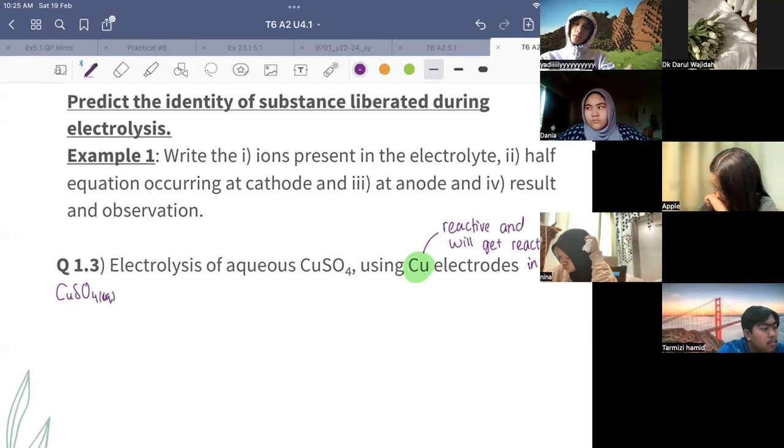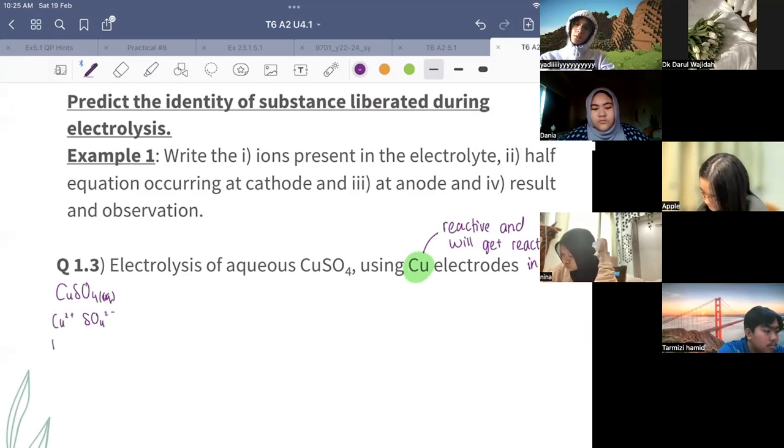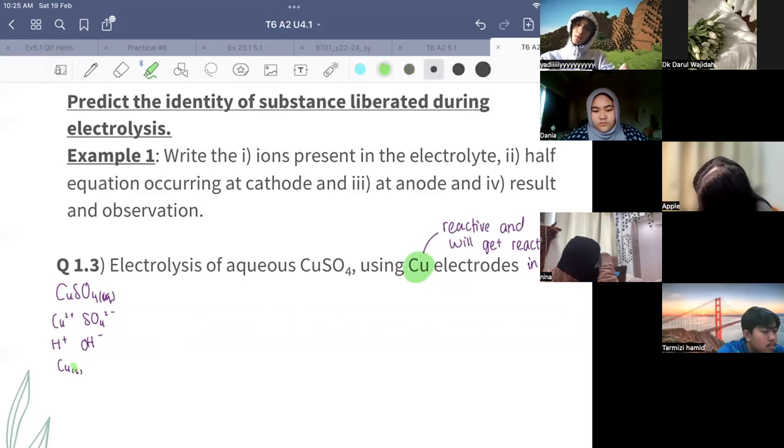So there's Cu2+, SO4 2-, H+, OH-. Don't forget there is also your copper solid. So what happens here is that your copper solid will be selected in this electrolysis process.